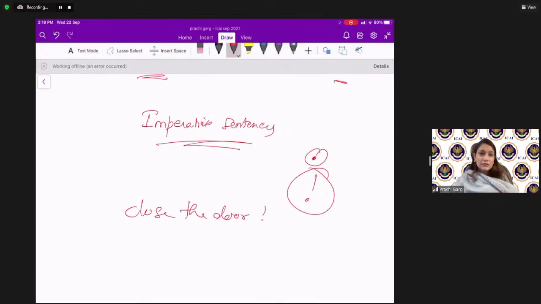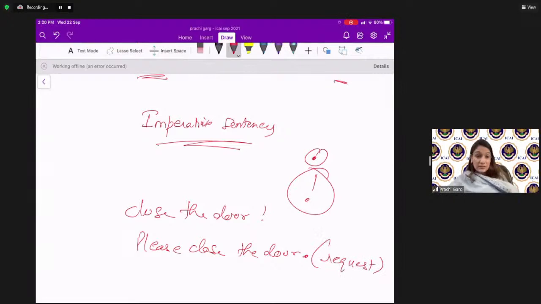But if I'm telling someone very politely, please close the door, in that case I will use the full stop. Am I clear? Yes. So this is a request because I am requesting someone, please close the door. But here I am giving an order, because I'm angry.